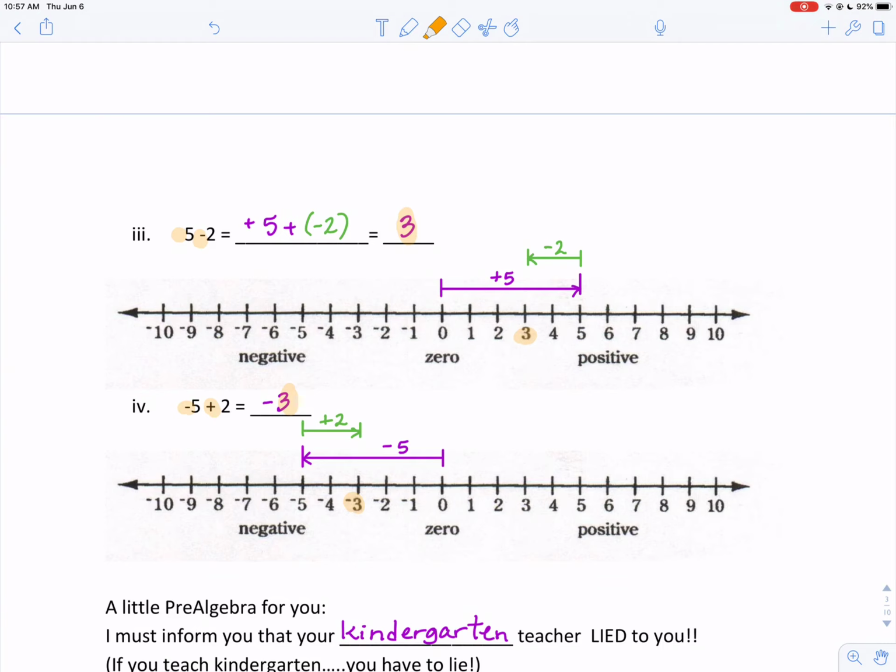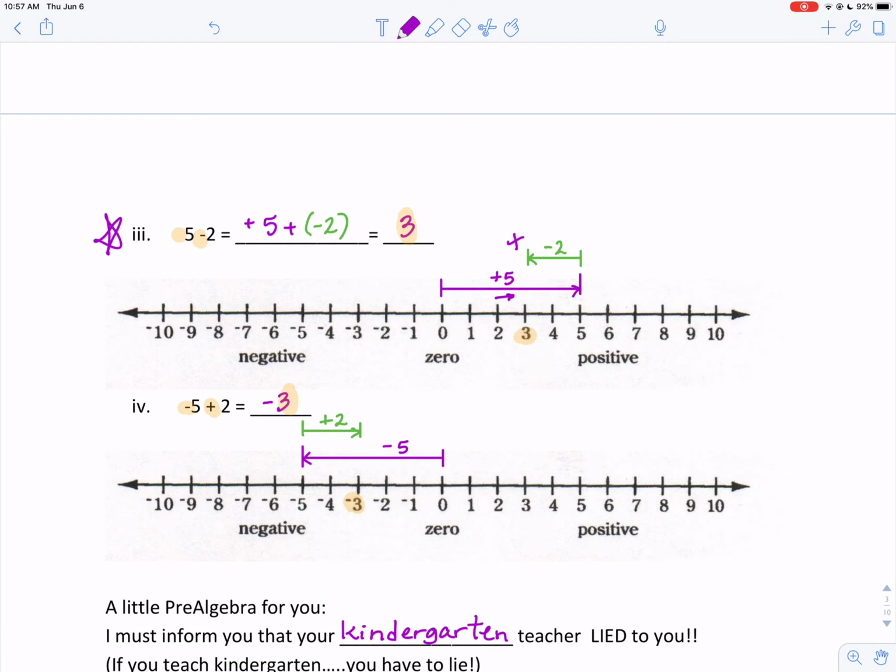Let's look at the very first one that we did with the different signs. When it was a positive 5, notice that the 5 is the longest length. So we're going to go 5 in the positive direction and just a little bit in the negative direction. So we wind up in the positive direction.